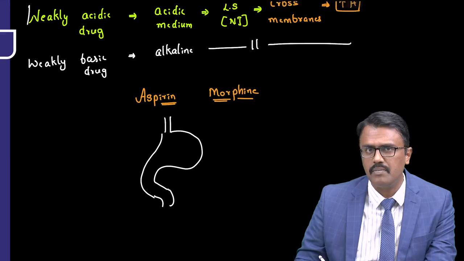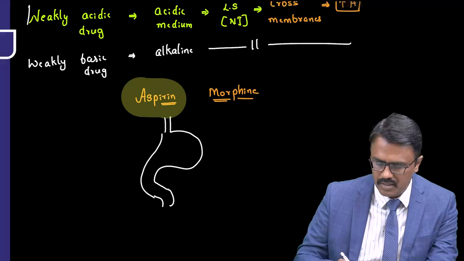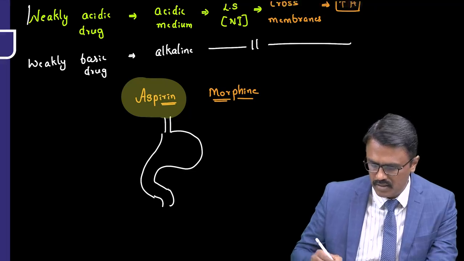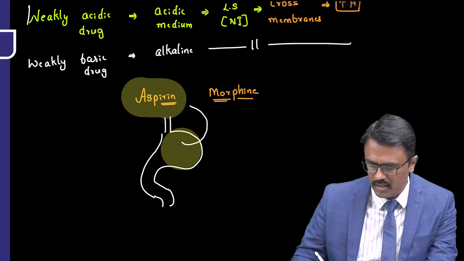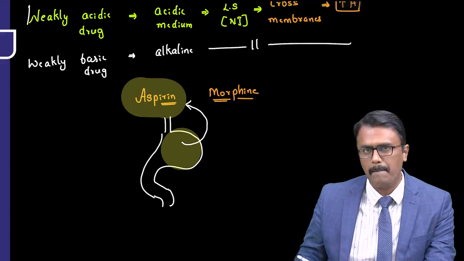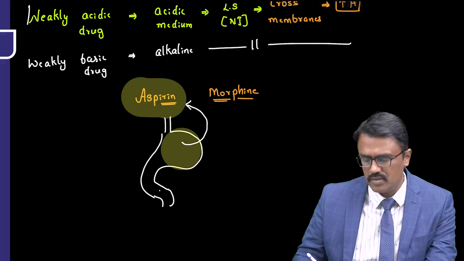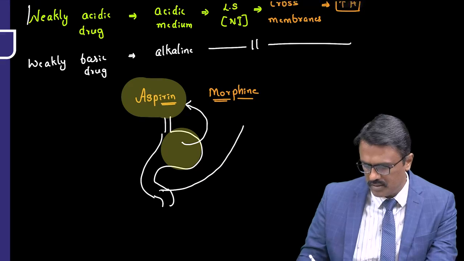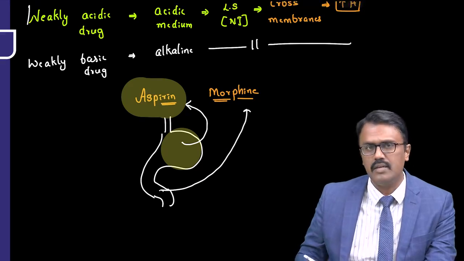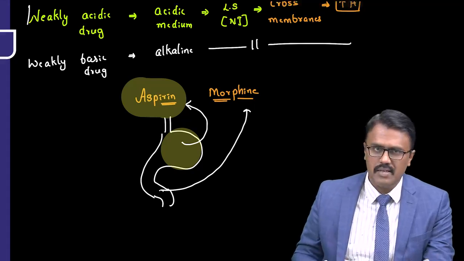As per the above understanding, aspirin is an acidic drug and the pH in the stomach is also acidic, so here it is non-ionized and easily absorbed. Morphine is a basic drug and the intestinal pH is a bit alkaline, so absorption increases. The morphine absorption occurs in the intestine.